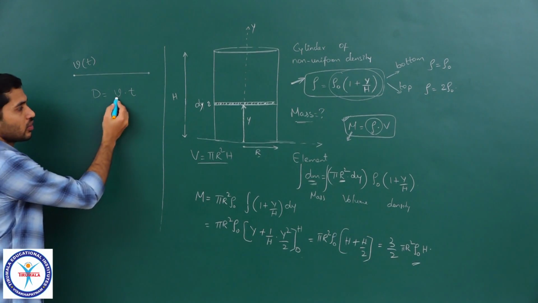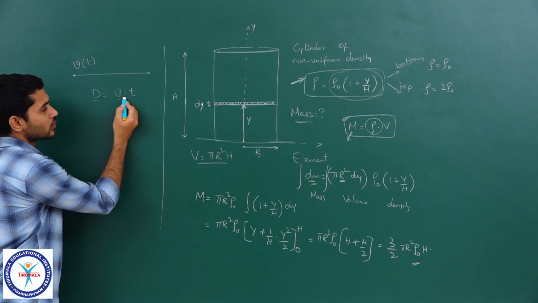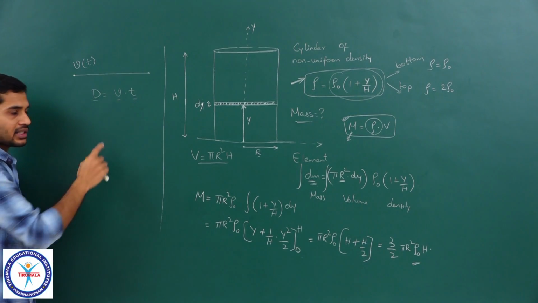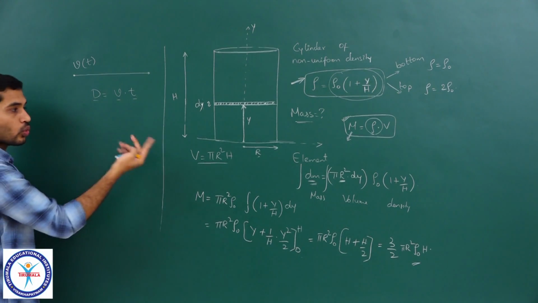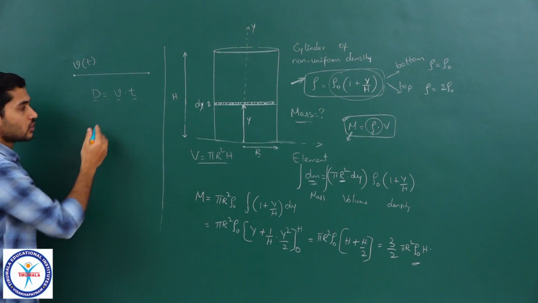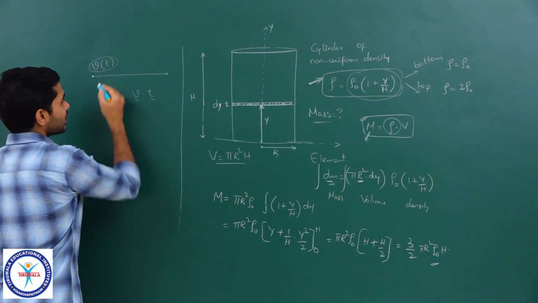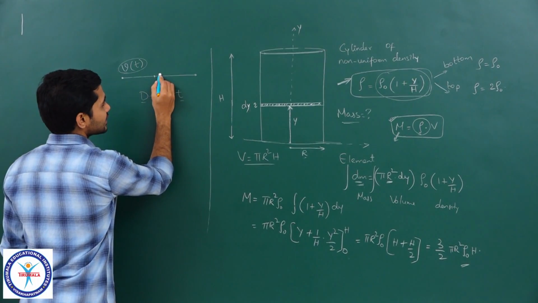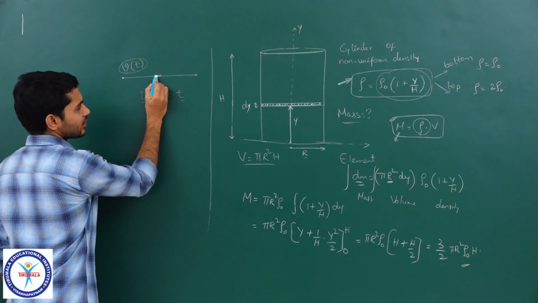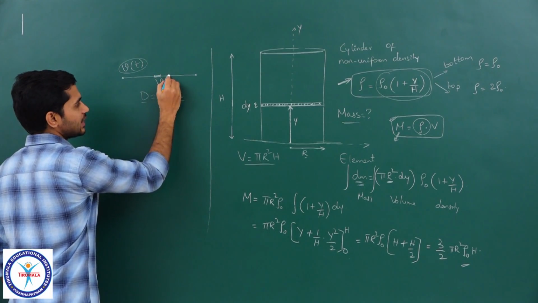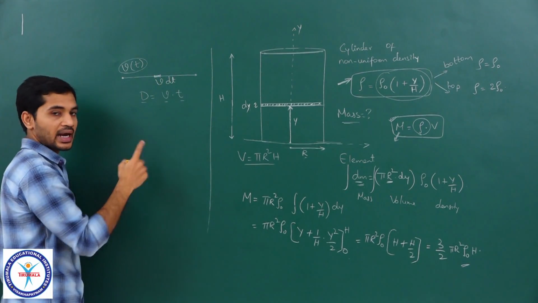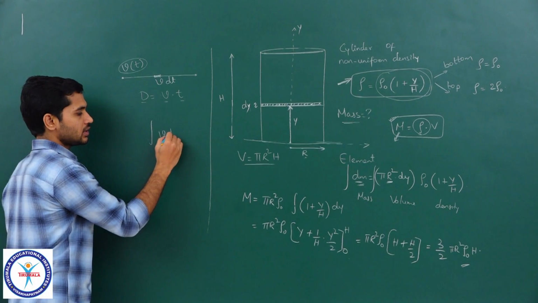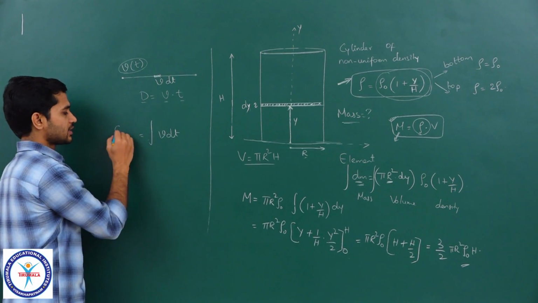No, right? Because distance equal to speed into time is valid only if the speed is constant over time t, correct? So when speed is varying in this manner, what did we do? We found out the distance it travels in a small interval, which is basically v dt, correct? And then integrated that v dt to find the distance.